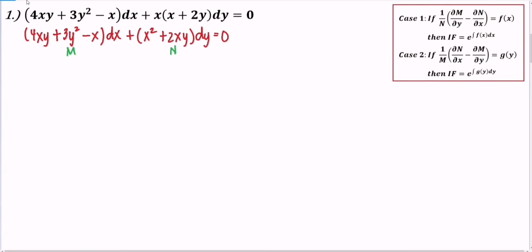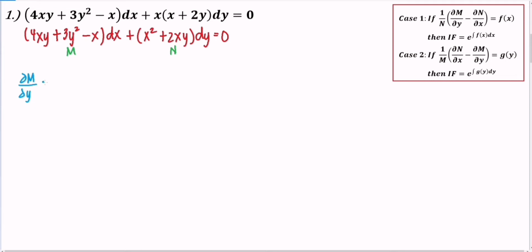Ang gagawin natin palagi pagka tinetest na natin sila, kunin natin yung partial derivative of M in terms of y. Ibig sabihin yan, guys, i-derivative natin itong M, itong 4xy + 3y² - x, in terms of y. Yung x natin dyan, ititreat natin as constant. Ang i-derivative lang natin ay si y kasi in terms of y tayo.